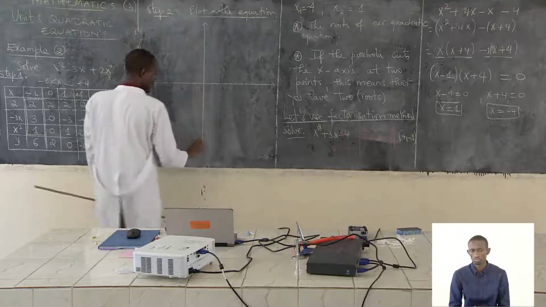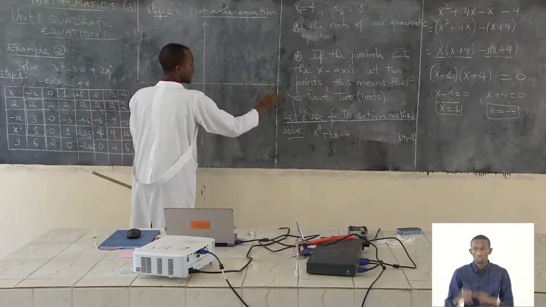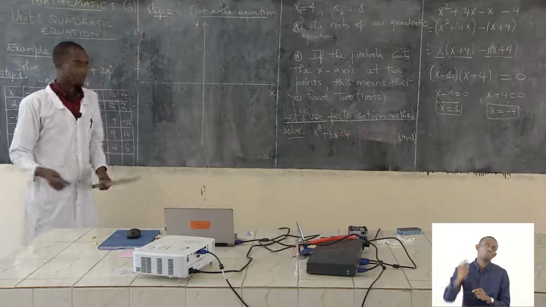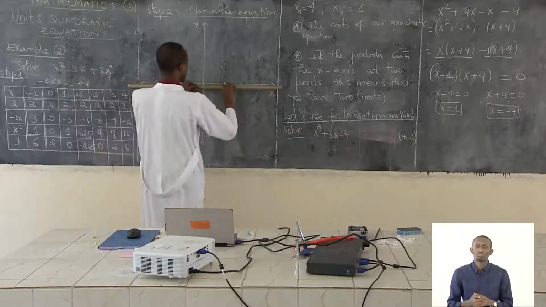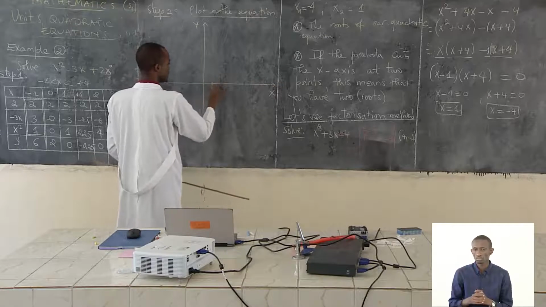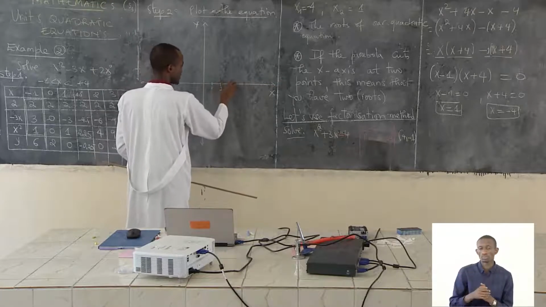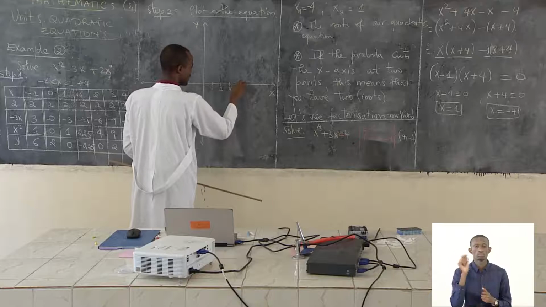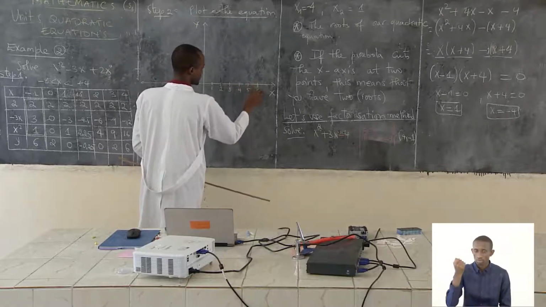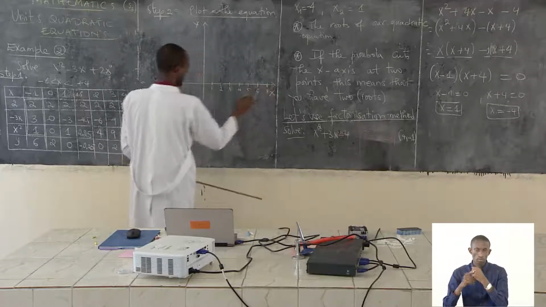Because our blackboard is not graduated, we have x here and we have y here. Now we are going to put some values. But it's okay, you can use this. But for time management, let's say this is 1 and 2. I will just assume the same. This is 4, 5, then 6, 7 over here.